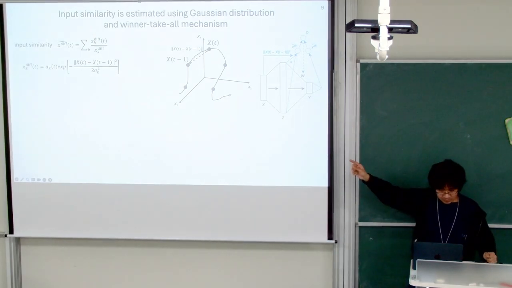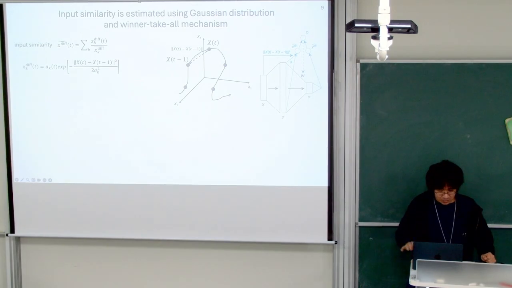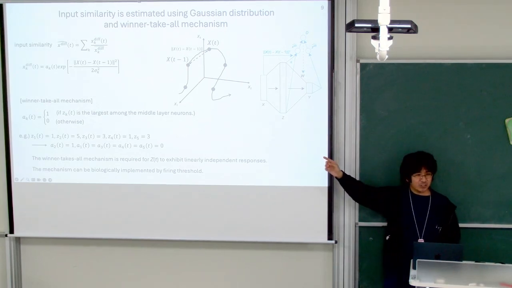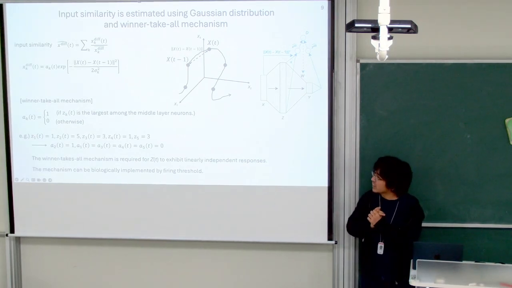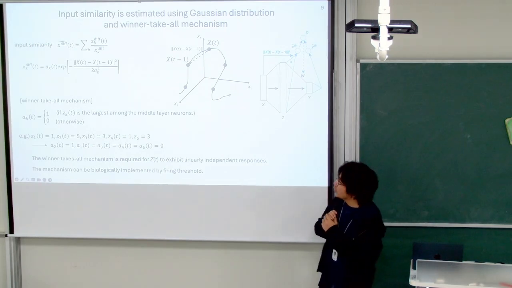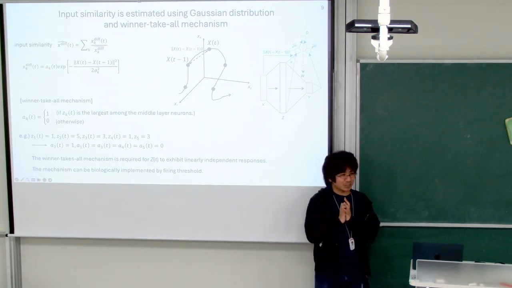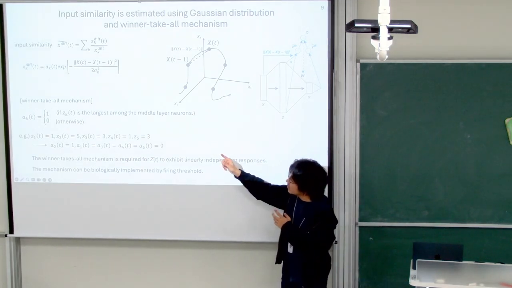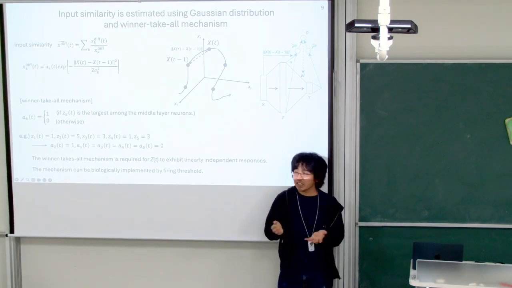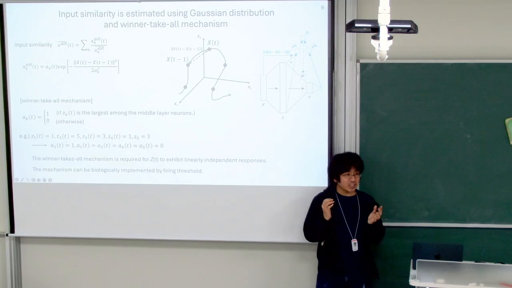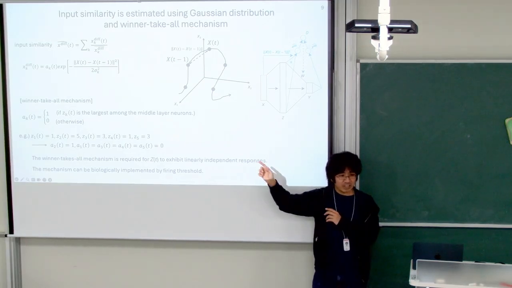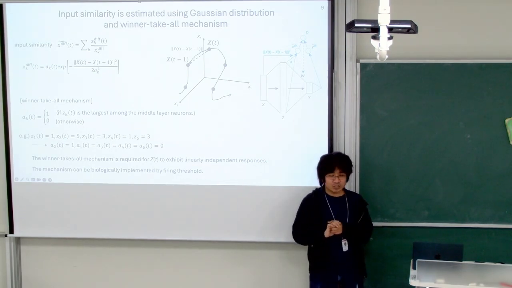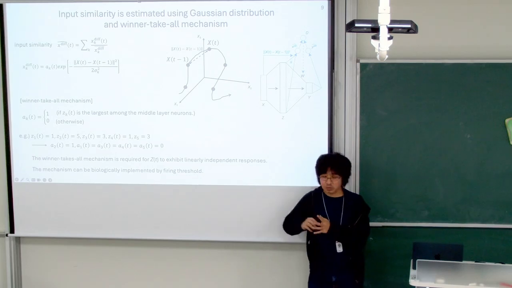And A_k(t) looks strange. A_k(t) is defined by a winner-take-all mechanism. If this value for k is the largest among the middle layer neurons, A_k is 1. Otherwise, A_k is 0.